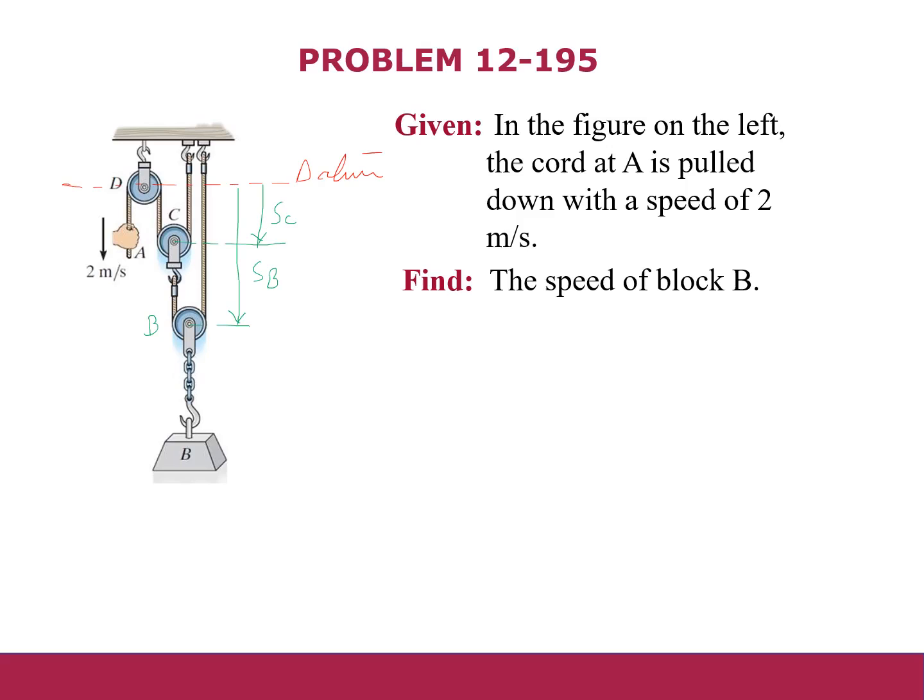And suppose this is our SA. Okay, so we have marked the position of the moving bodies, and after that we have to write the equation for the total length of the cord. Here we have two cords, so we will form two equations.